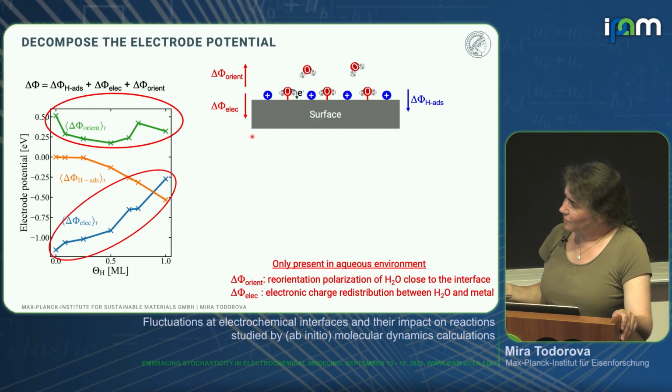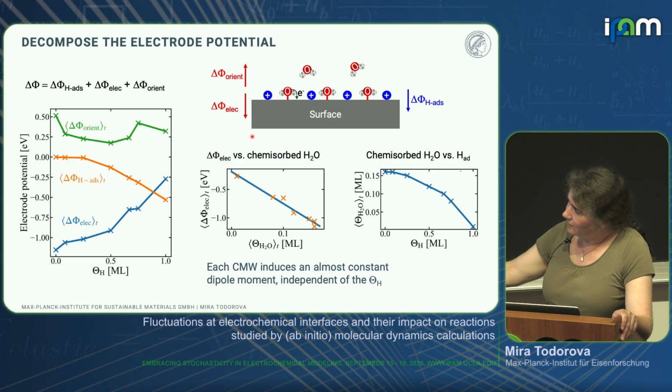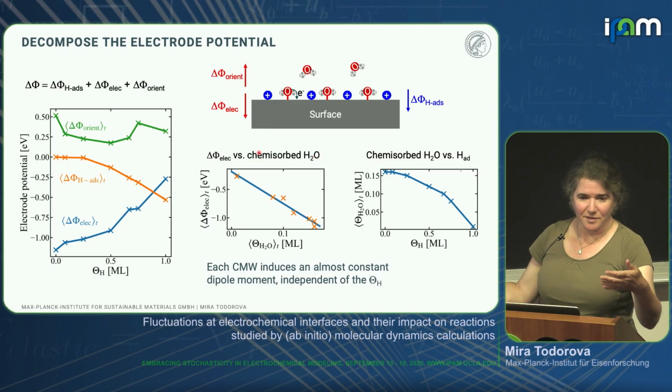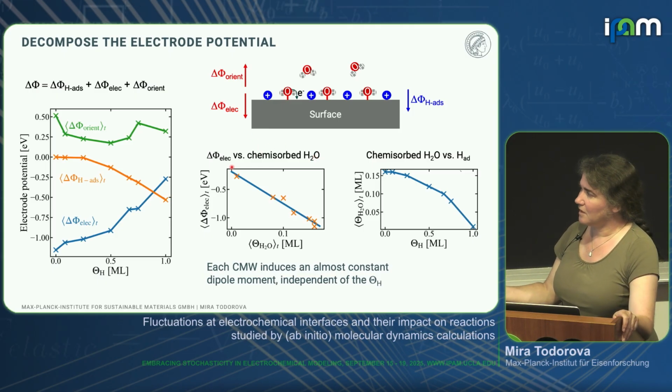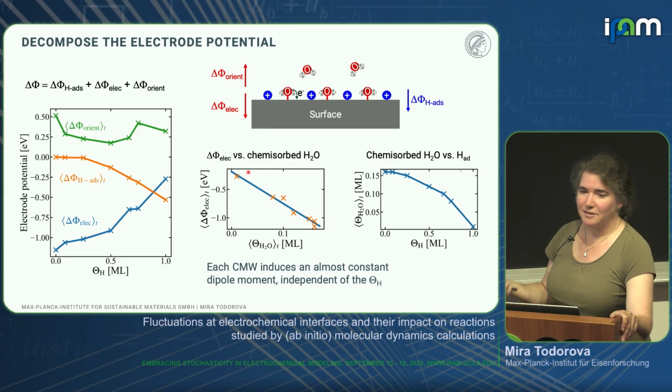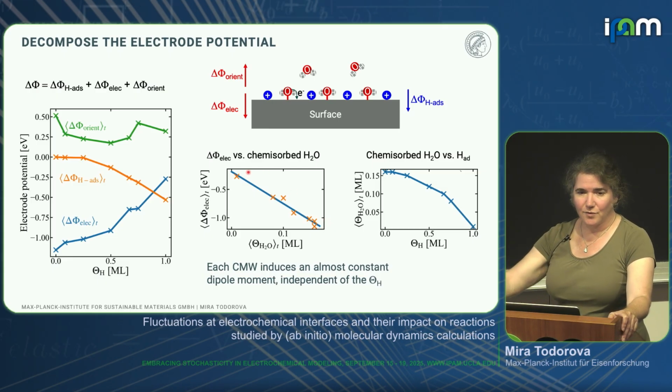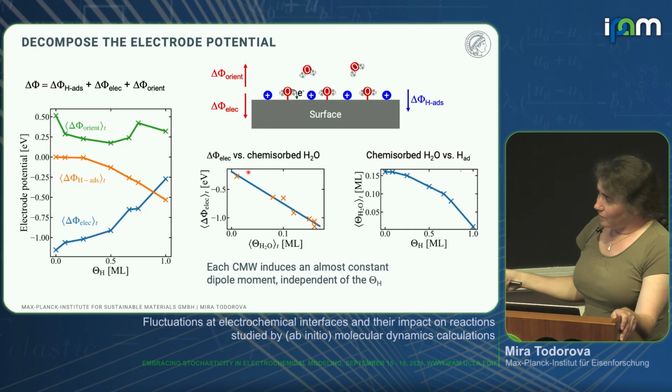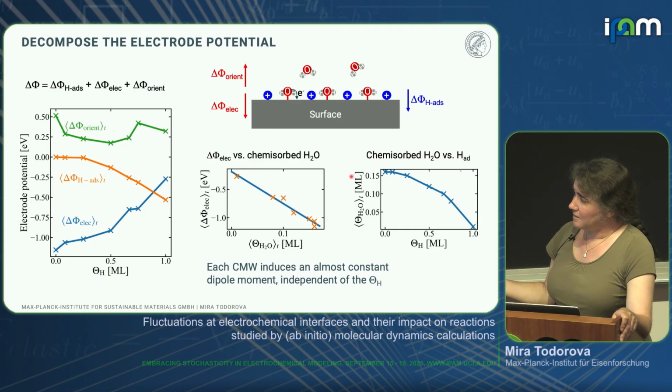One thing to notice is that when we look at how much electron charge a chemisorbed water transfers to the surface, it seems to be a linear behavior, indicating that each water molecule contributes the same amount of electrons to the surface. We also see that there is a correlation between the number of adsorbed waters and the adsorbed hydrogen.